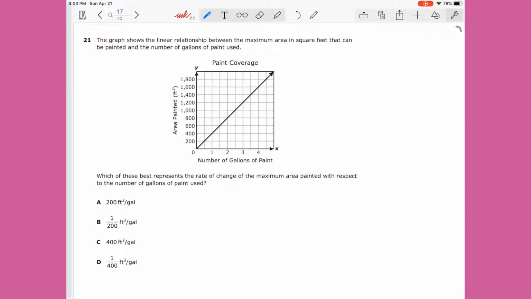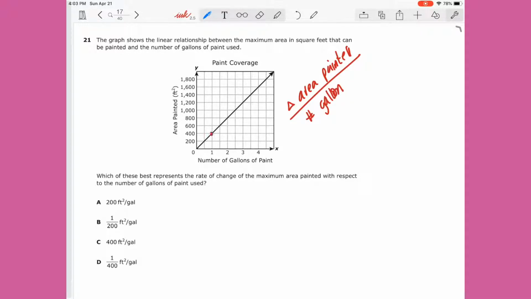All right, number 21. The graph shows a linear relationship between the maximum area in square feet that can be painted and the number of gallons used. Which of these represents the rate of change of the maximum area painted to the gallons? So we're talking about change in area painted over the number of gallons.